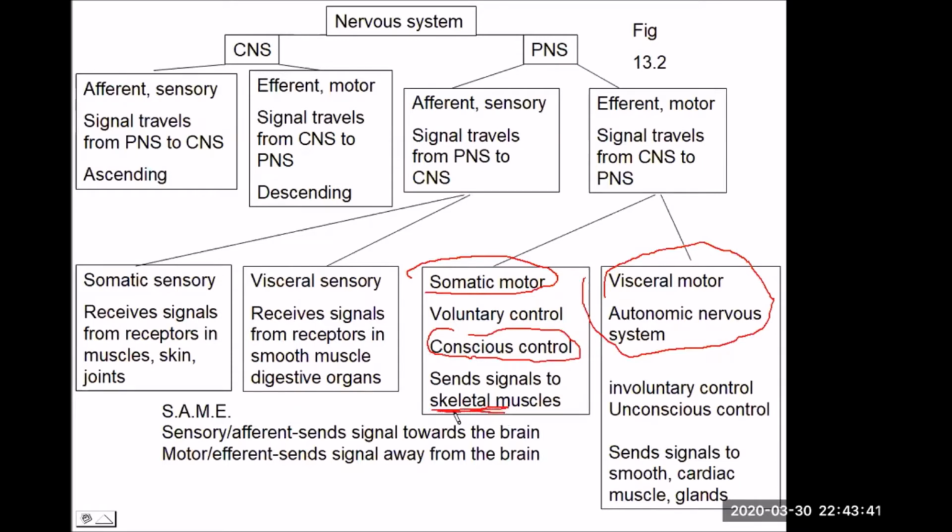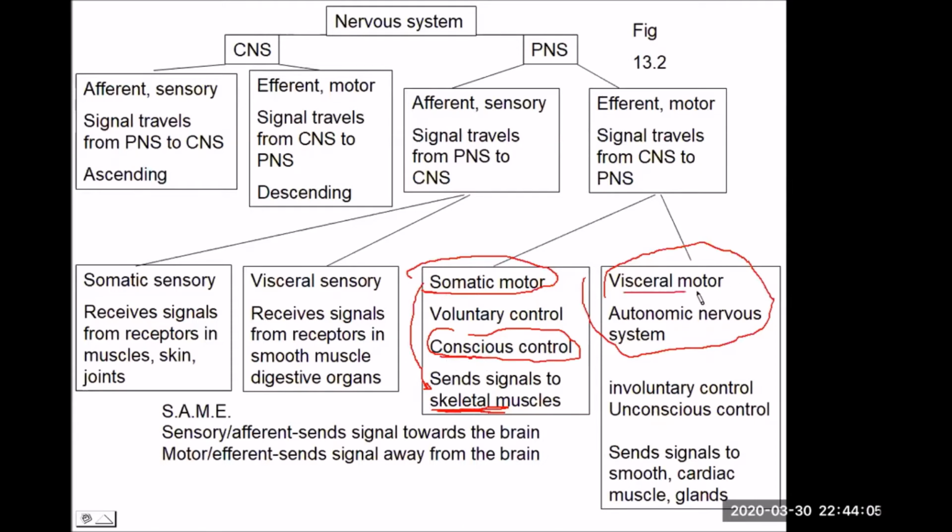So this is the only type of tissue that has somatic motor control. What this means, if you want to wave your hand, just simply thinking about the activity, you can at will, anytime, wave your hand back and forward. So that's the meaning of somatic motor control, just the conscious control of your skeletal muscles.